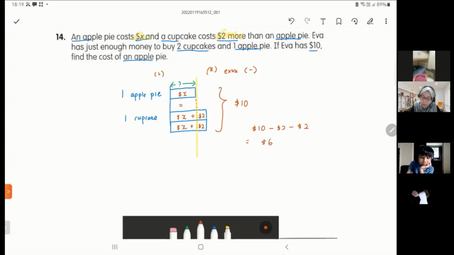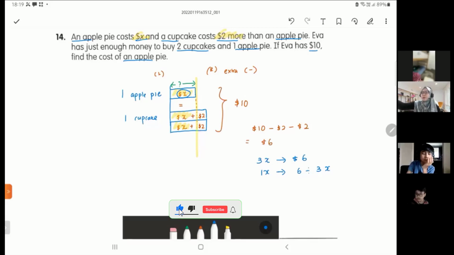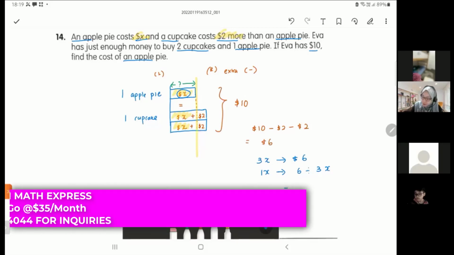And this $6 is how many equal parts? How many equal parts are left? If you look at this, 1, 2, 3. How many x's do I have? 3, right? 3 x's. So 3x is $6. I want to find 1x. 1x is 6 divided by 3.